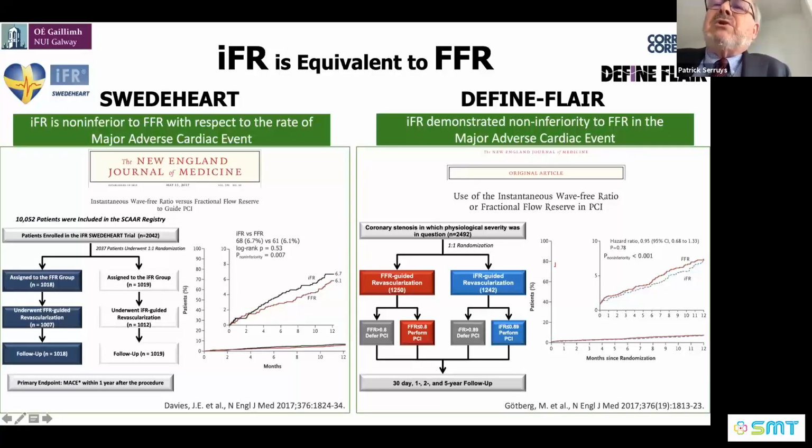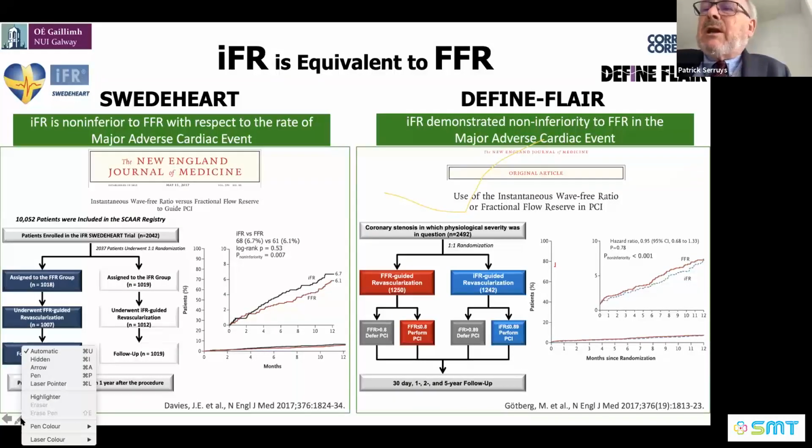I think SWEDEHEART and DEFINE-FLAIR show that in terms of outcome, at least at 1 year, it was very, very similar. And thus the iFR came very quickly in the European guideline. Next slide.